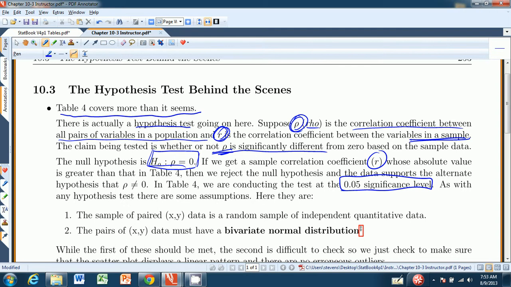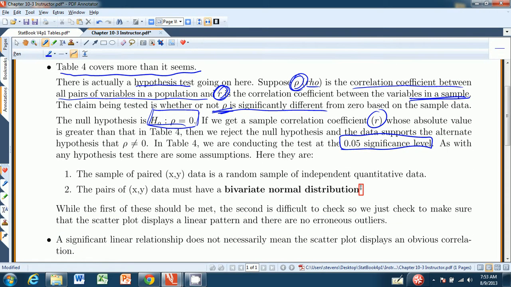There are some assumptions, just like in any hypothesis test. Number 1: the sample of paired XY data is a random sample of independent quantitative data. X and Y both have to be quantitative, and they have to be simple random samples, independent of each other. And number 2: the pairs of XY data must have a bivariate normal distribution.